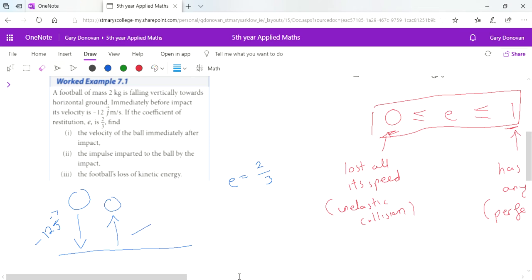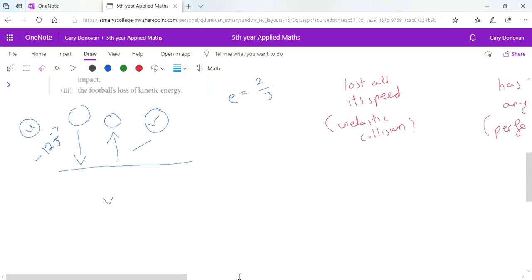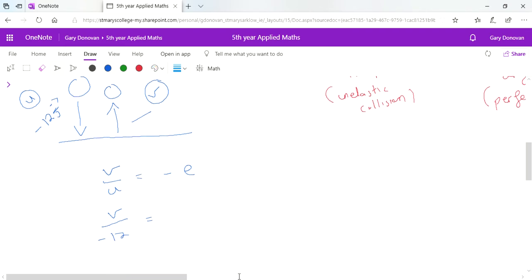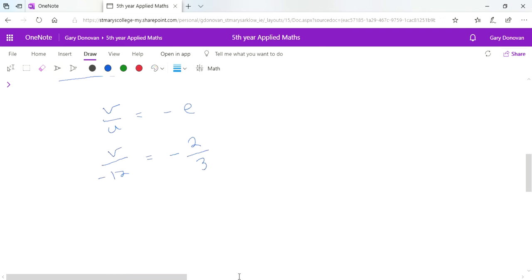Well, before impact is u, so we're basically looking for v, its final velocity. Our equation was v over u equals minus e. So we're looking for v, u is minus 12, and e is 2/3. So don't forget the minus there, it's equal to minus 2/3. Multiply both sides by minus 12.